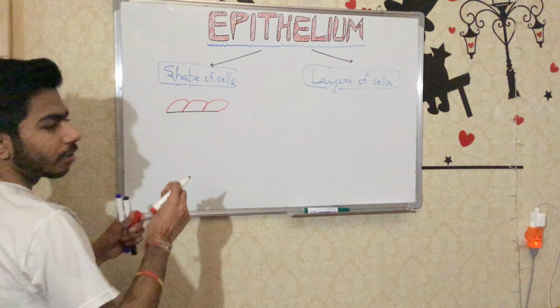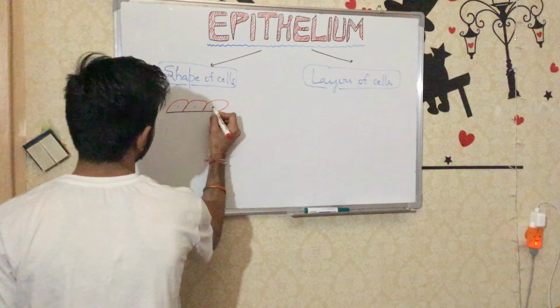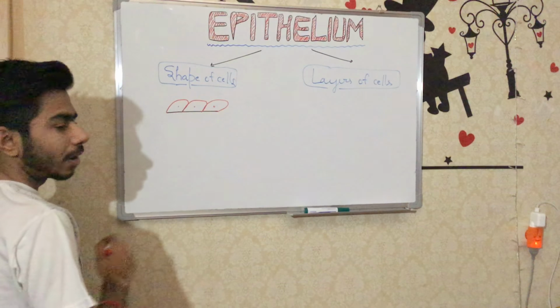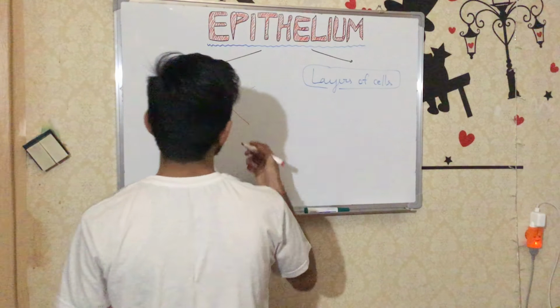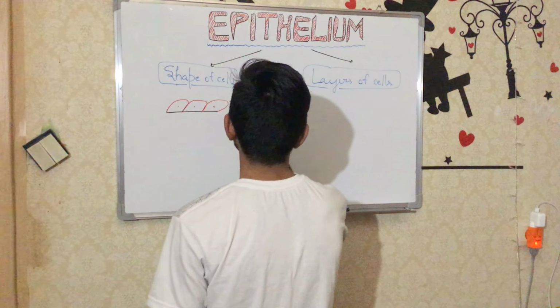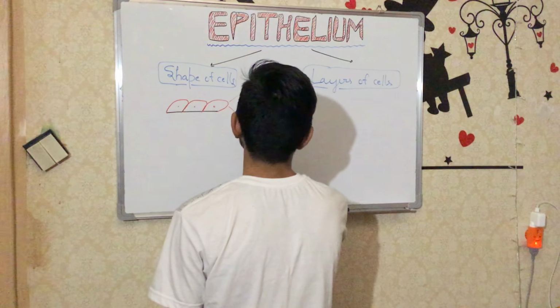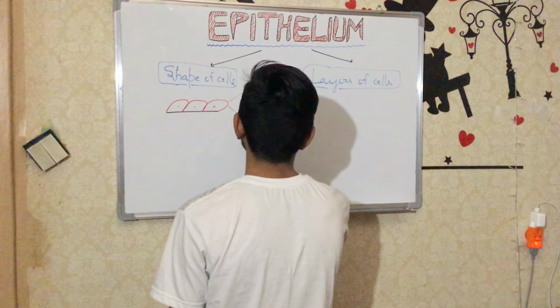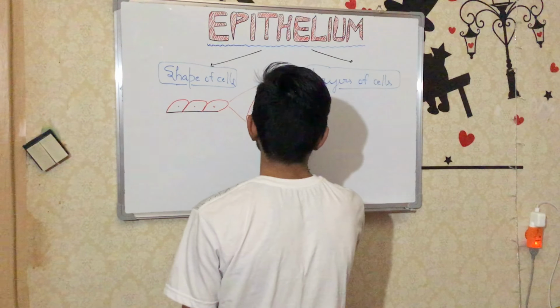So these have some flat surface. These are the nuclei of these cells. If I magnify this over here, what kind of cells are these? Look here, they are like this. They have the surface like this.